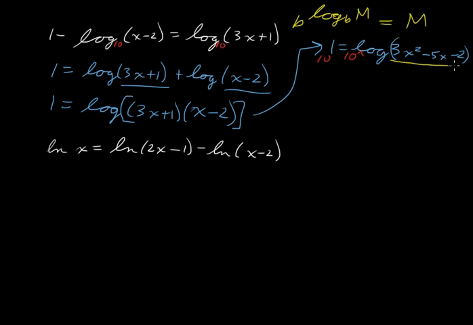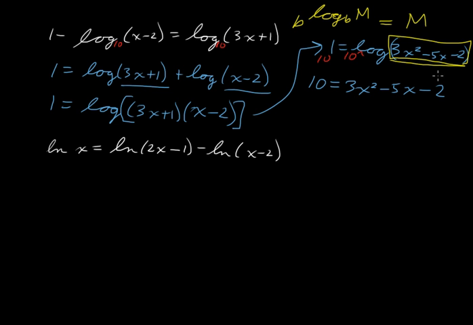So this is our m in this case. So 10 to the log base 10 of all this stuff just equals all this stuff. And 10 to the first power on the left hand side is just 10. So we have 10 equals 3x squared minus 5x minus 2.